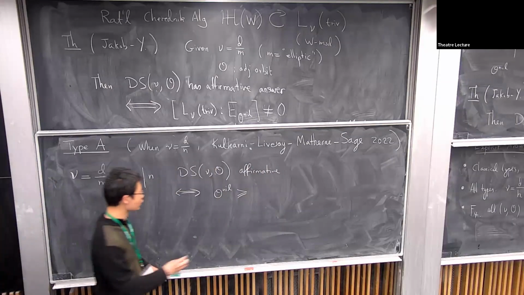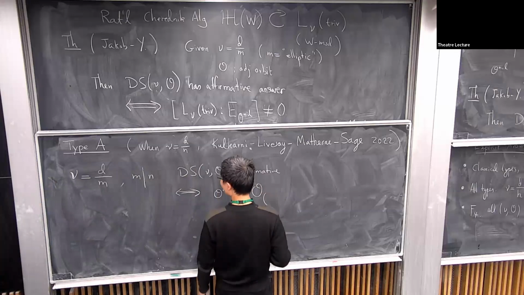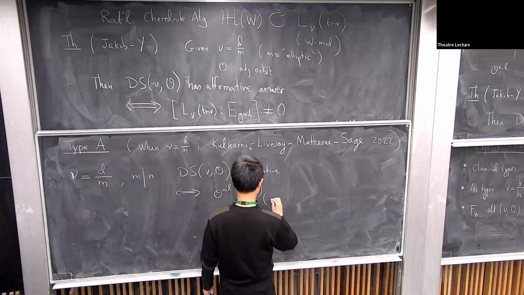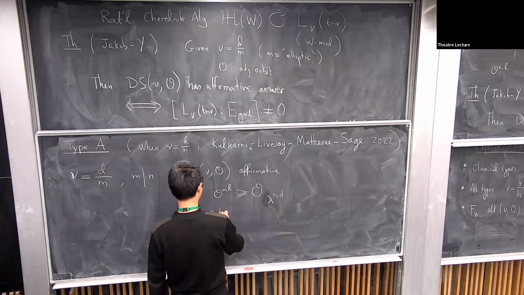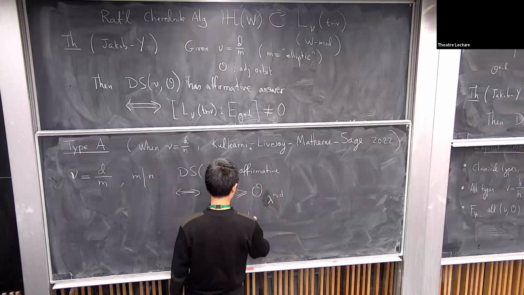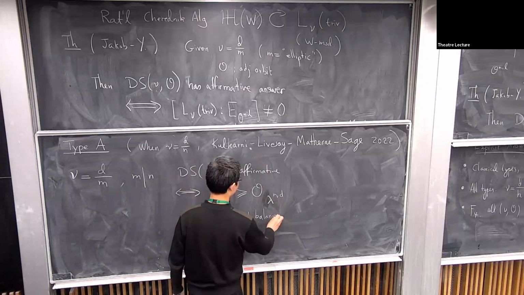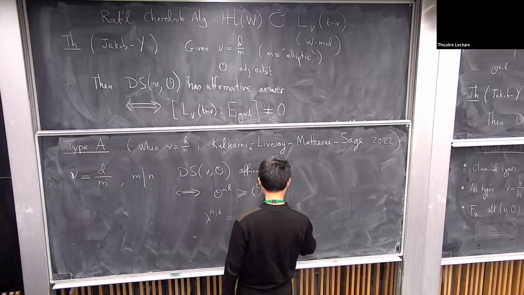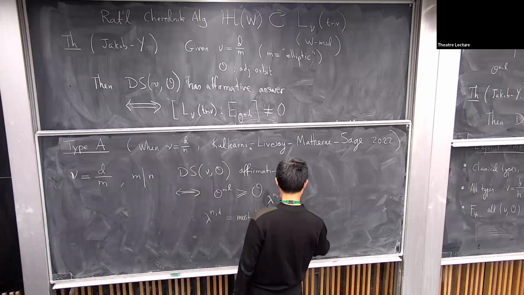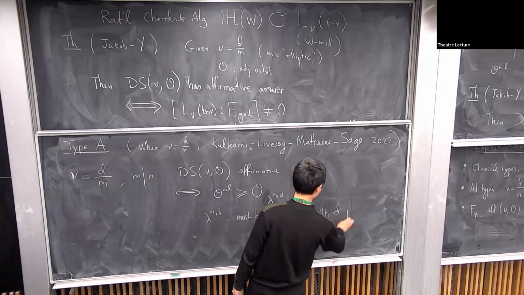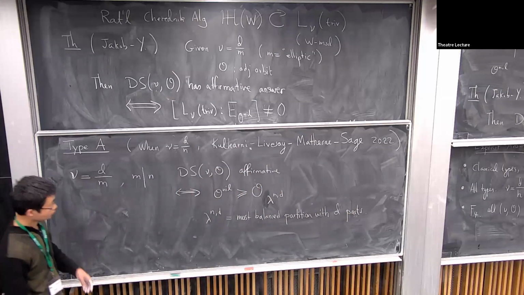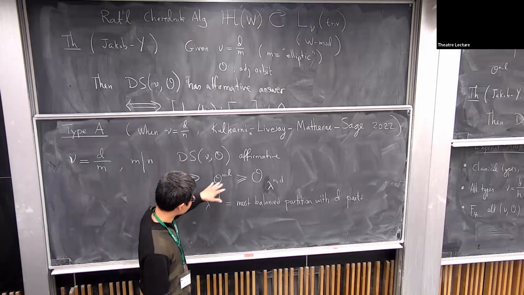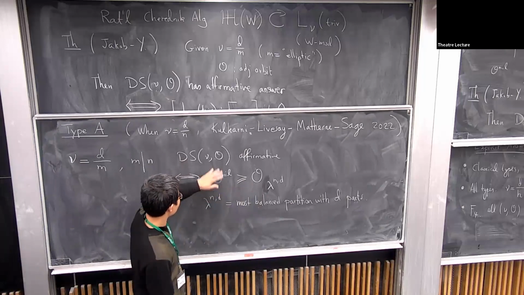Let me call this lambda, the partition n_d. What is n_d? It is the most balanced partition, namely all the parts are almost equal, with d parts. As long as your orbit is bigger than this, you're okay.